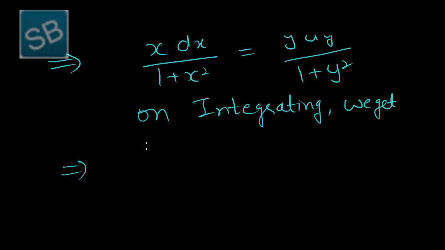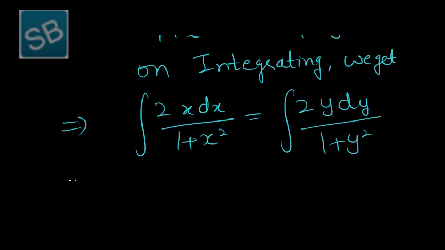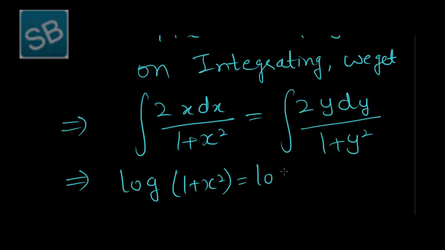So we multiply both sides by 2 in the numerator to get this form, that is 2x dx over 1 plus x square, 2y dy over 1 plus y square, that is derivative over function. So as we get derivative over function, the integration of this becomes log of the function, that is log of 1 plus x square is equal to log of 1 plus y square, and we take the constant as log of c.